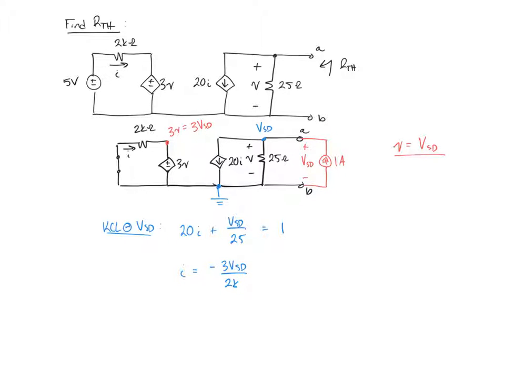Two equations, two unknowns. We can solve this problem, and we get that VSD equals 100 volts. Therefore, the Thevenin equivalent resistance, which is VSD over ISD, equals 100 volts over 1 amp, or 100 ohms. So this circuit, according to A and B, behaves like a 100 ohm resistor.